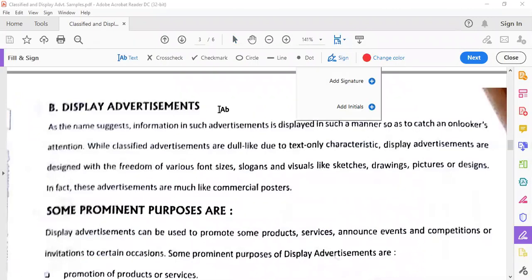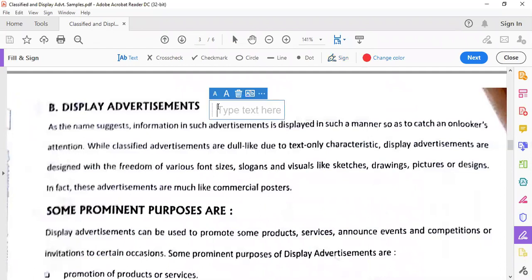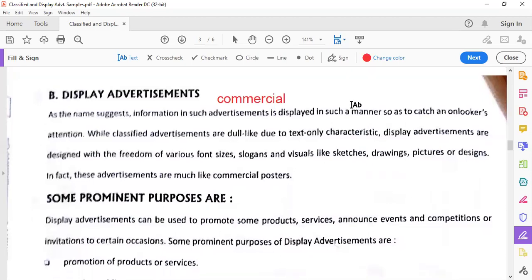Because these advertisements are used for the business point of view, so they are also given the name of commercial advertisements. Clear? They can be known as display or commercial advertisements. Business point of view से जो ad दी जाती है, that is display or commercial, not on the individual level.